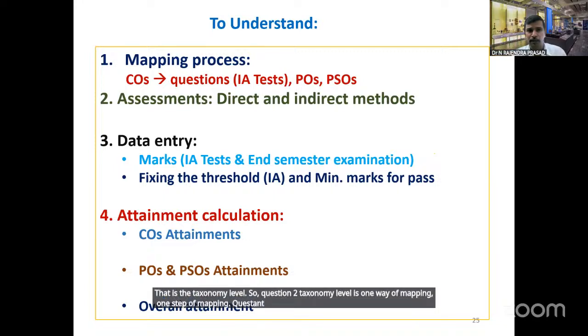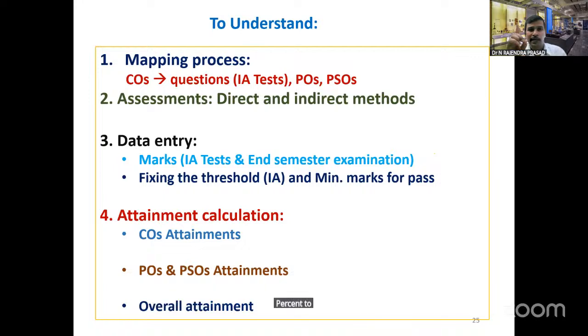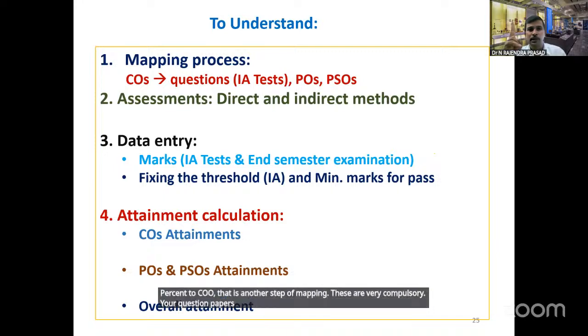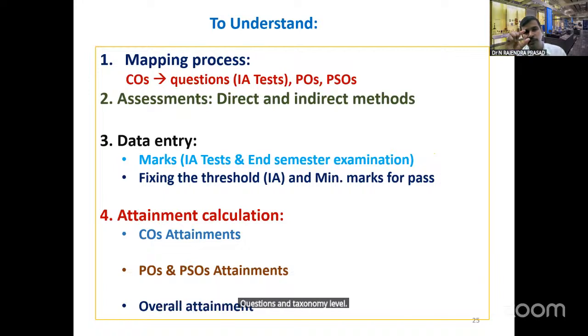Question to CO is another step of mapping. These are compulsory. Your question paper should reflect the mapping between COs, questions and taxonomy level. This appears in the question paper.